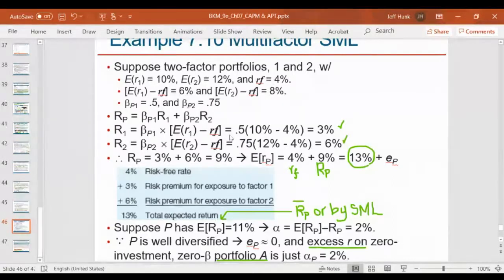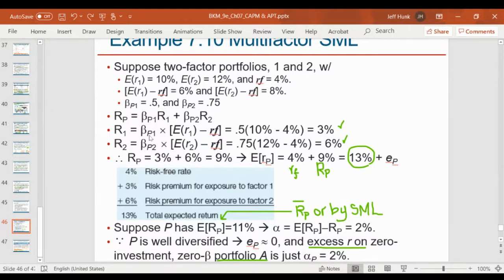So the whole idea is, depending on the algebraic sign of alpha, if alpha is positive, then you will short sell the component factors, the factors that make up this model, and then you go long, you buy the arbitrage portfolio.